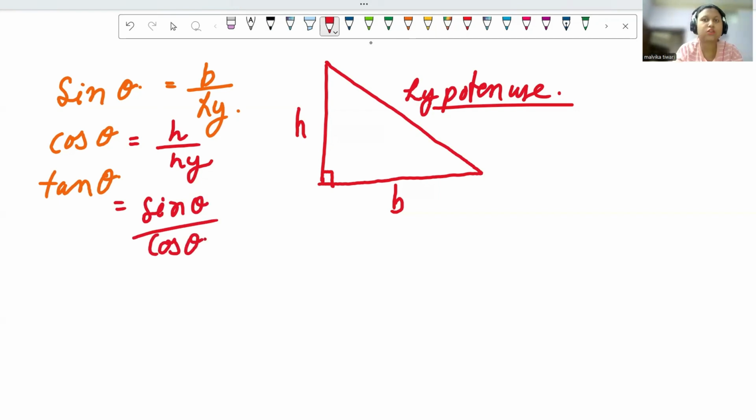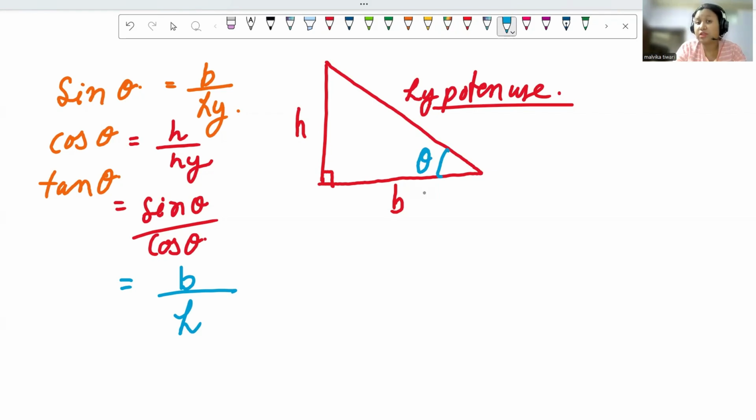That's your first ratio. And the other one, in terms of base and height, it is base by height. Okay, so these are your three important ratios when related to maths, and your theta is here.